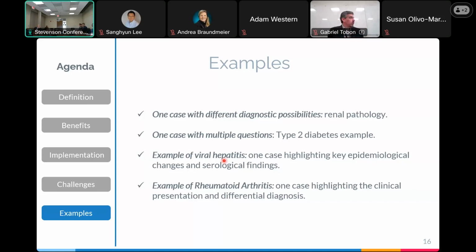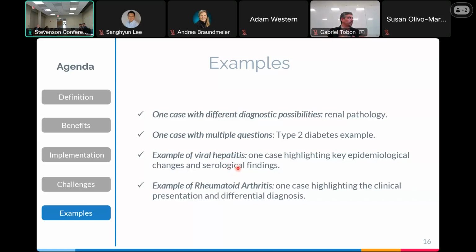The second example is one case with multiple questions. That is a different strategy. It's using just one single case with multiple questions at the same time. This is the example of type 2 diabetes. The third one is the example of viral hepatitis. It's just one single case with differential, but the serological findings are different.